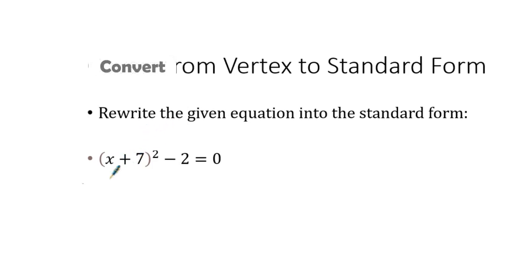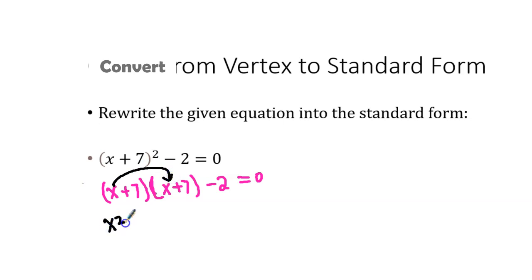So here the same process. You write this repeatedly. Minus 2 equals to 0. It doesn't matter if the 0 is on the left or right. Just multiplying this, you get x squared. And multiply again, 7x. You take this, multiply, another 7x. You take this, 49.